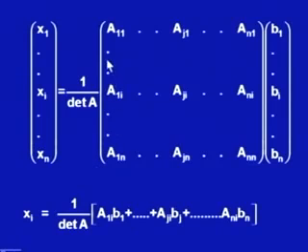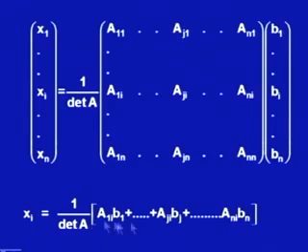Then I will see what is the ith component from this product. To get the ith component, this is A1i multiplied by B1, then we will have A2i multiplied by B2. So, the ith row multiplied by this column will give me the ith component here.